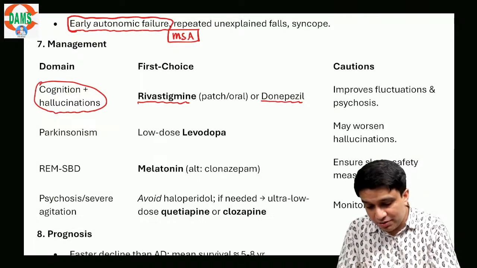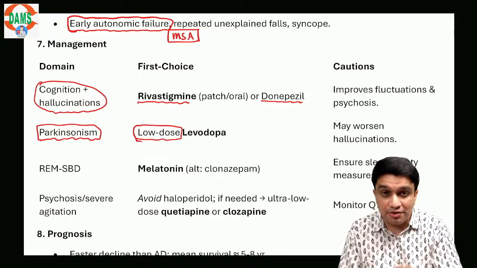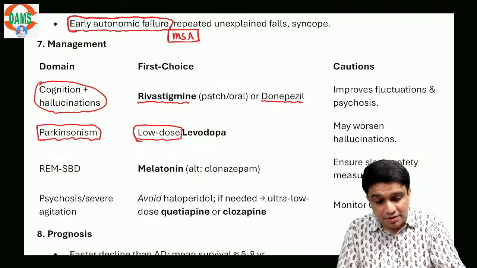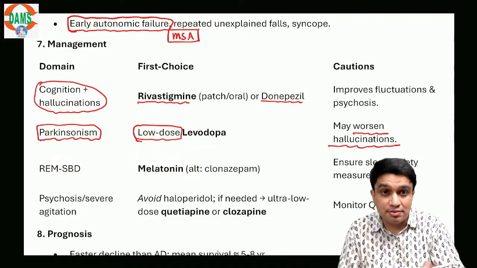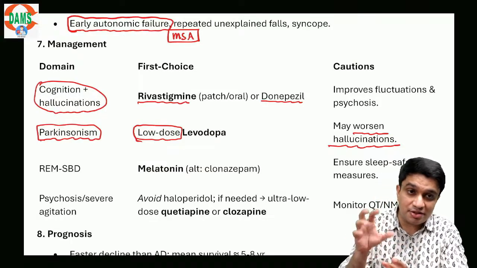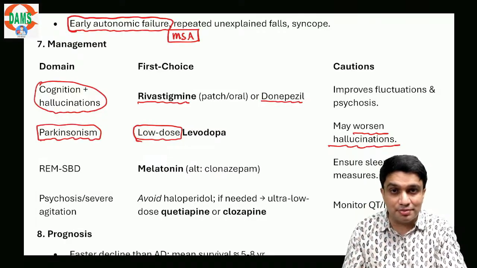And what about Parkinsonism? Please remember, you have to give them low dose levodopa, because if I give levodopa, that may worsen the hallucinations. The moment I give levodopa, it worsens the hallucination. The moment I give haloperidol, it increases the Parkinsonism.